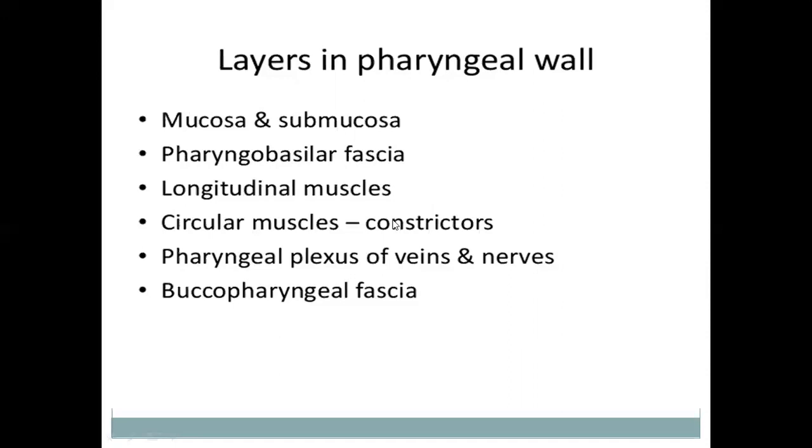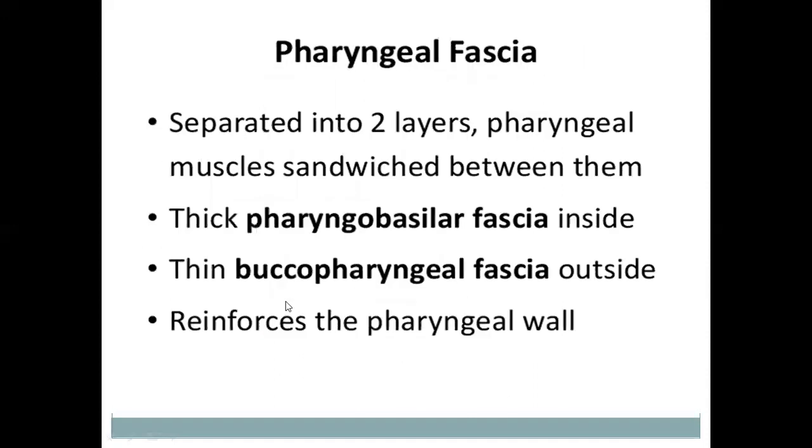We'll discuss these constrictors in detail. The pharyngeal plexus of veins and nerves we'll also discuss in detail. And the last is the buccopharyngeal fascia, which covers the constrictor muscles from the outside. So we will discuss all these components in detail.